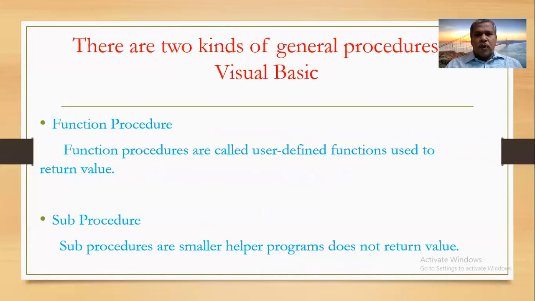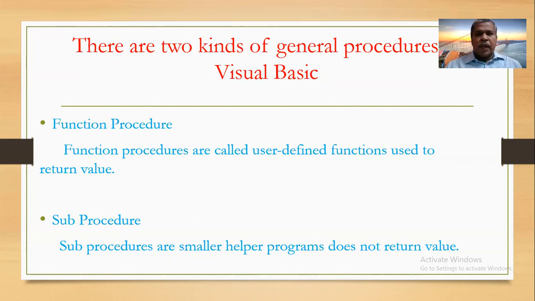VB supports two kinds of functions. One is a function, another is a subprogram. When you want to return any value, then we will go for a function. If the subprogram is not going to return any value, we will go for a sub-procedure.